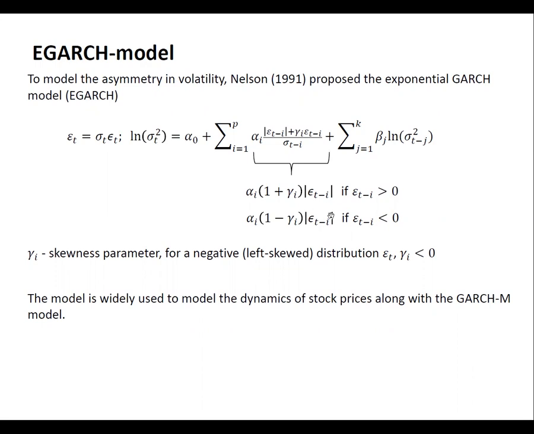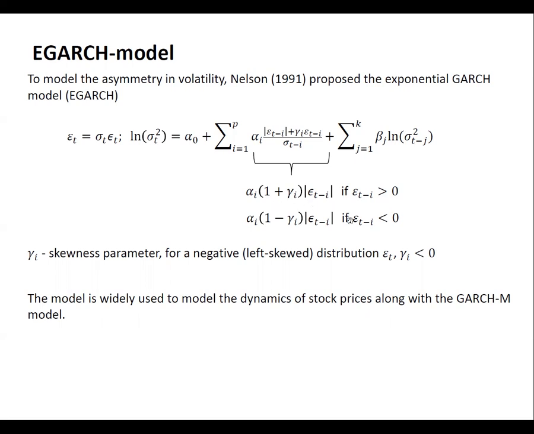Here, in this parameter, asymmetry is recorded. That is, if we consider alpha multiplied by the numerator here, well, here we omit the standard deviation because it's just a constant. That is, if we consider only alpha multiplied by the numerator, then by converting this, we can see that if our error is positive, then the coefficient before the error will be alpha multiplied by 1 plus gamma.